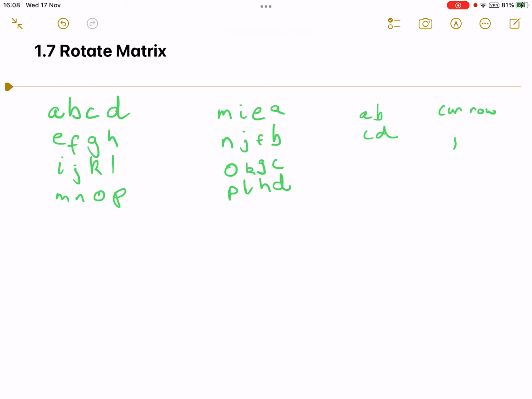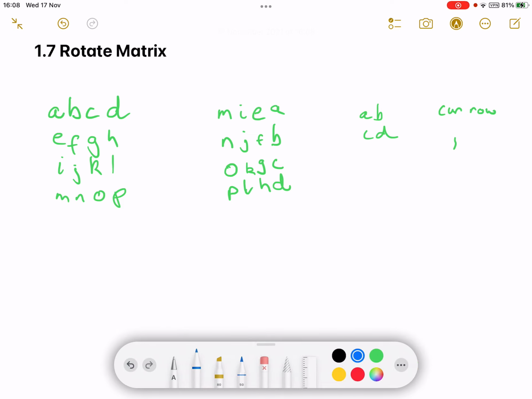Because what we did was we moved that here, there, there, there.